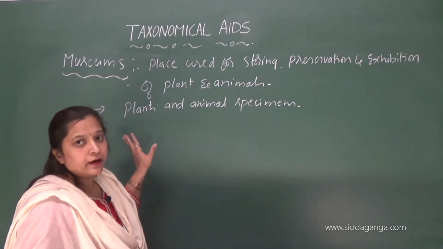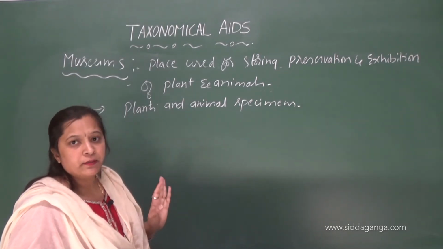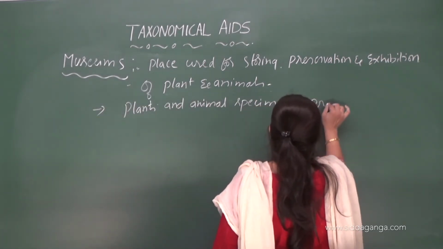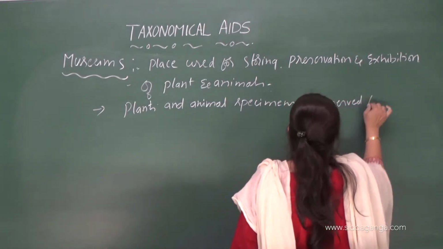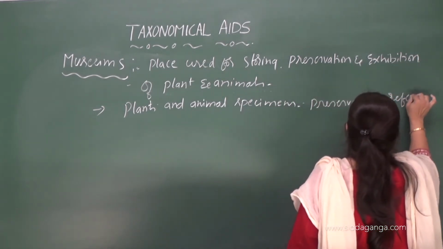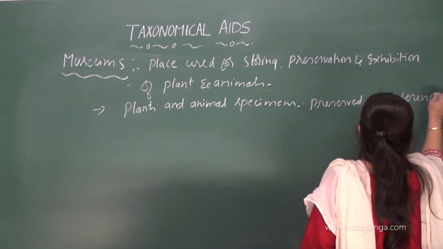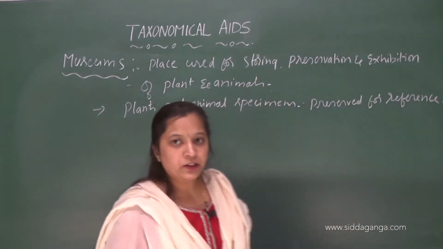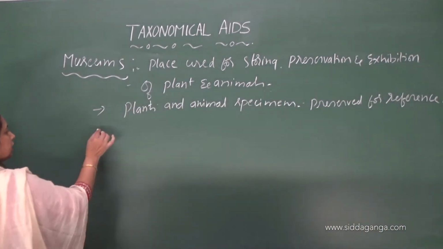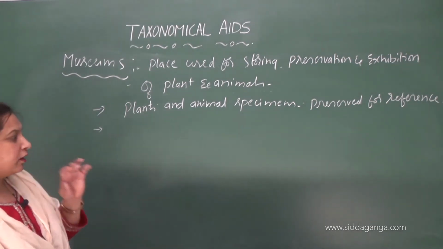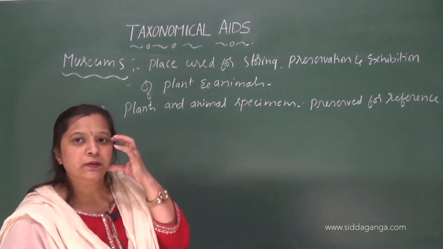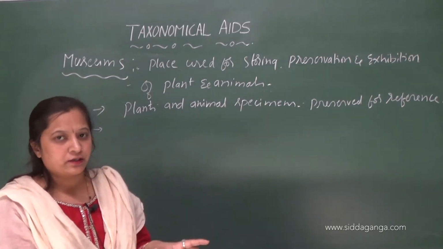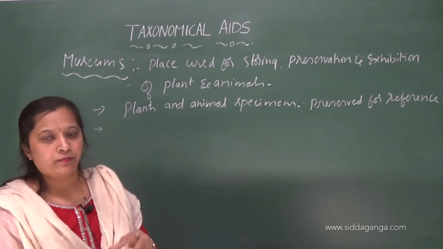In museums, the plant and animal specimens are preserved for reference. Usually the plant and animal specimens are stored in large containers or large glass jars using a preservative solution.